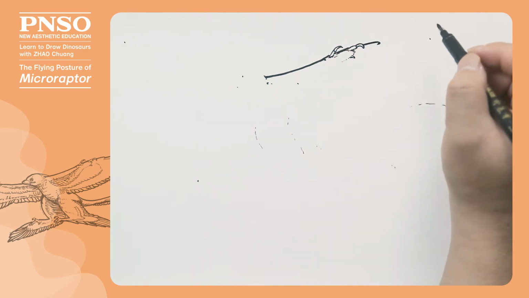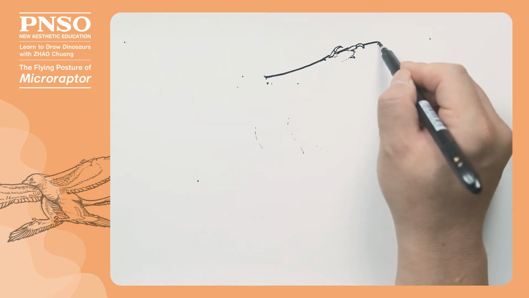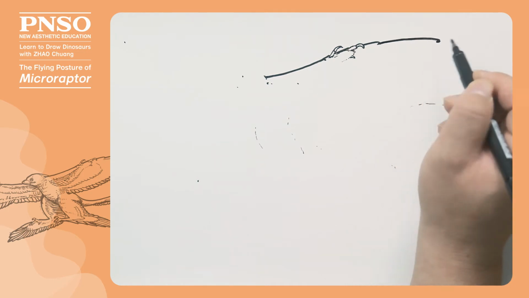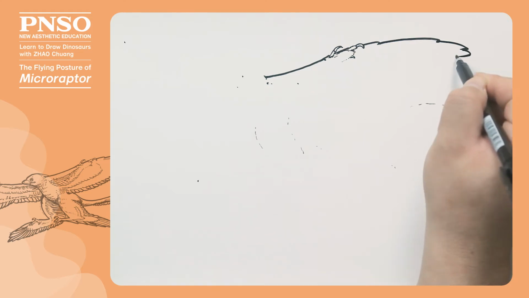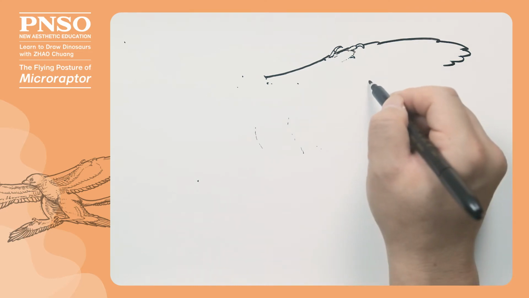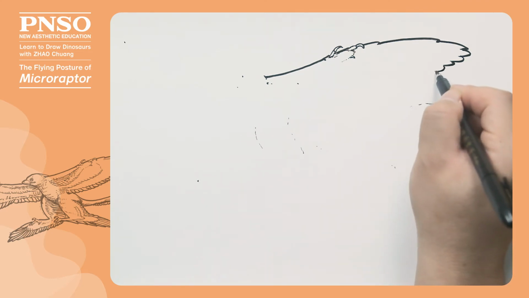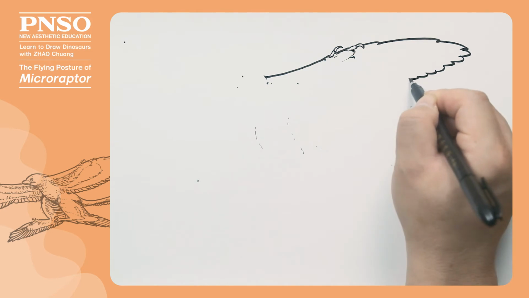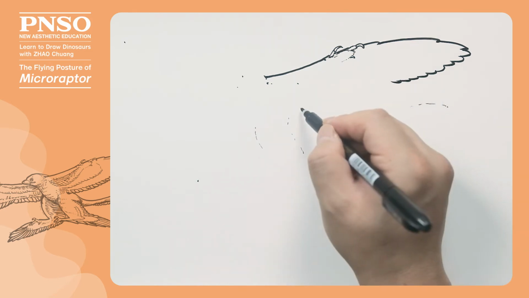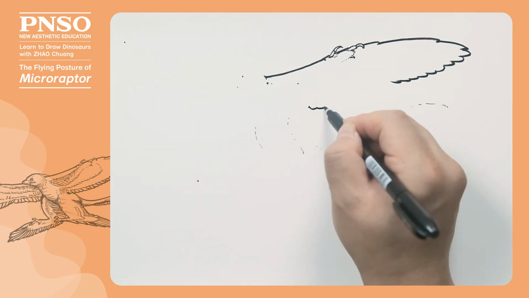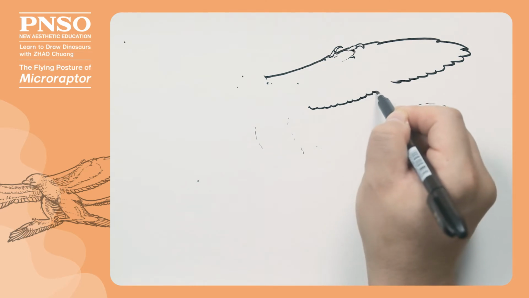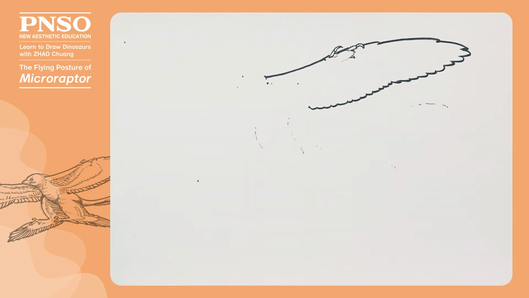The first feather was relatively short, and the second became much longer. There were a total of 12 feathers here. Followed by 13 more feathers in this area. Okay, we've finished the wing of this forelimb.